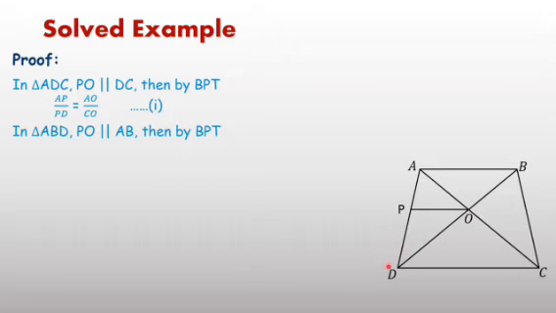ABD. Remember, since PO is parallel to CD, I have taken the first triangle ADC. Again, PO is parallel to AB, therefore the second triangle taken is ABD. And again applying BPT from vertex D, you will get DP upon PA equal to DO upon BO. Taking the reciprocal on both sides, you will get equation second.